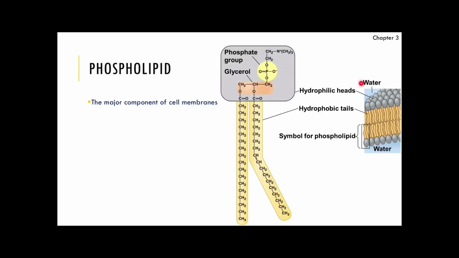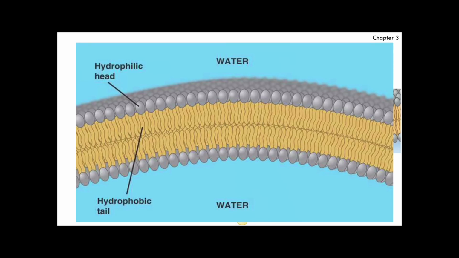I will enlarge this image and show you a close-up to the plasma membrane. هذا الغشاء البلازمي أو الغشاء الخلوي. This is the inside of the cell and this is the outside of the cell. فهنا داخل الخلية وهنا خارج الخلية.